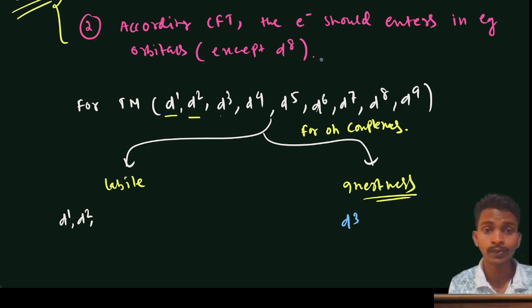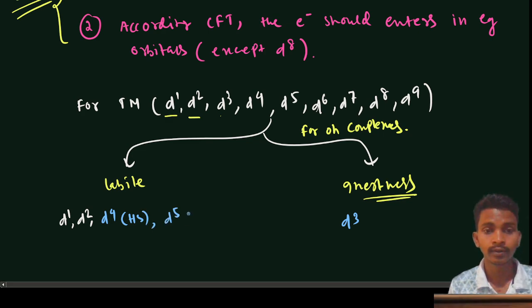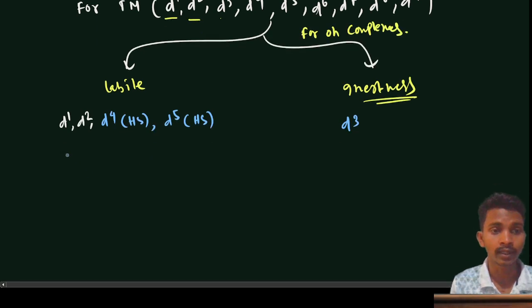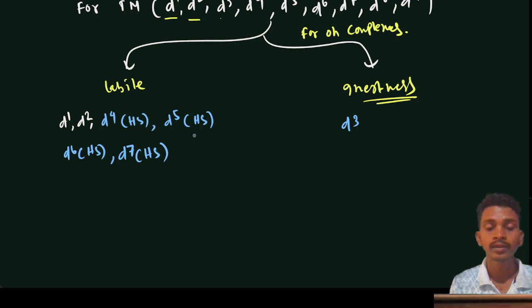And d4 low spin will not, but if it is high spin, then electrons enter the eg orbital, so d4 high spin comes here. And d5 high spin also has electrons entering the eg orbitals. Similarly d6 also, and d7 high spin also enters. d7 high spin as well as d7 low spin both will be in the labile compounds.